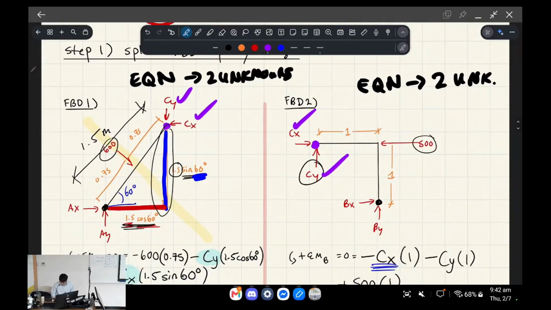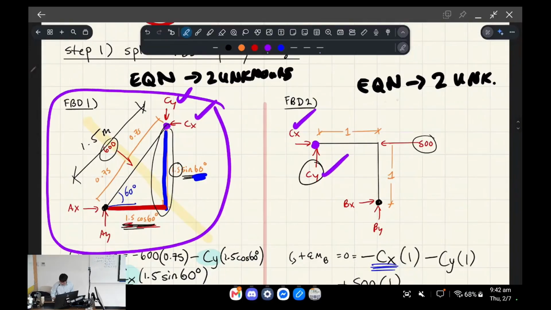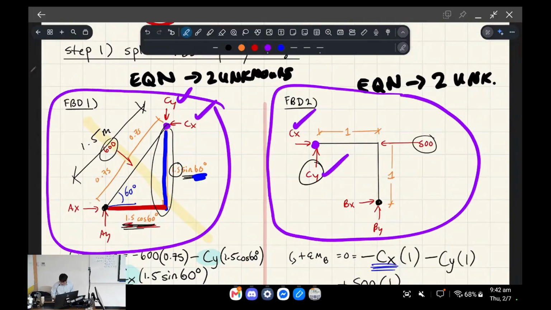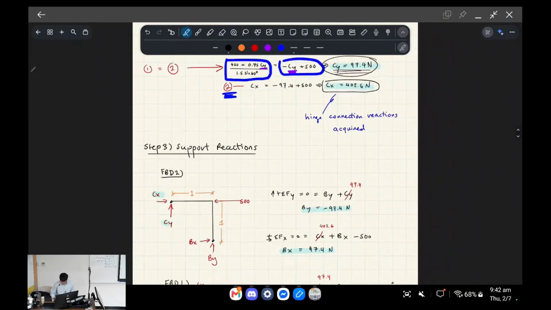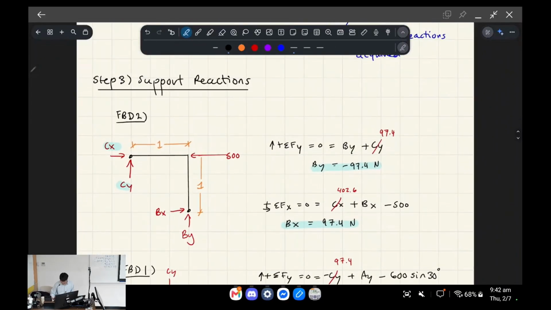And if you look at our remaining free body diagrams, it means that we've only got one unknown in the x direction and one unknown in the y direction for both free body diagrams. And so therefore, you don't even need to take the moment equilibrium anymore. You can just take the force equilibrium, which is a lot simpler, and you can just solve for the remaining reactions, right?